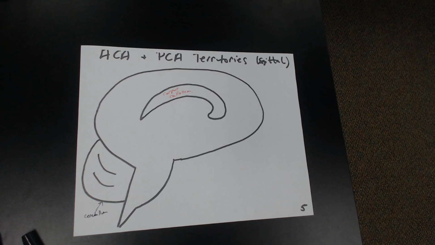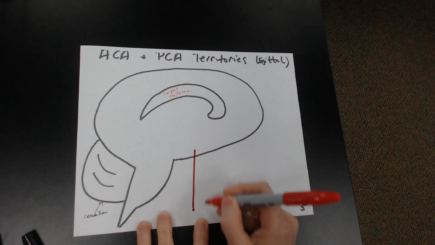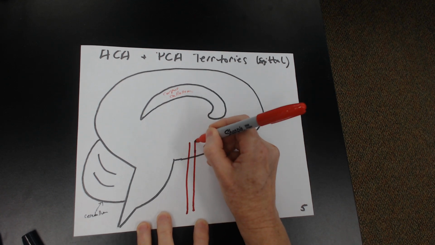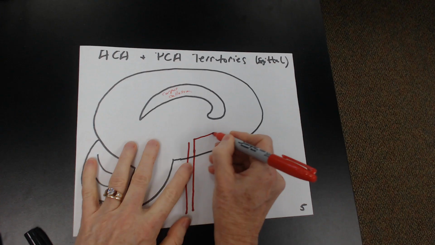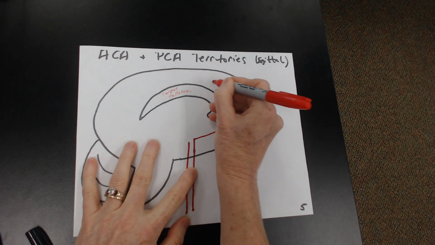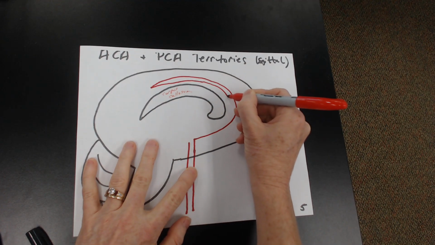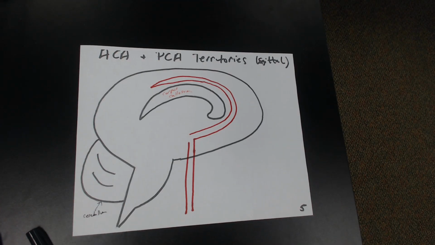So you have your internal carotid coming up, right? And about the level of the eye, it's going to form its first major shoot. And that shoot is going to flip over top of the corpus callosum. Like that.